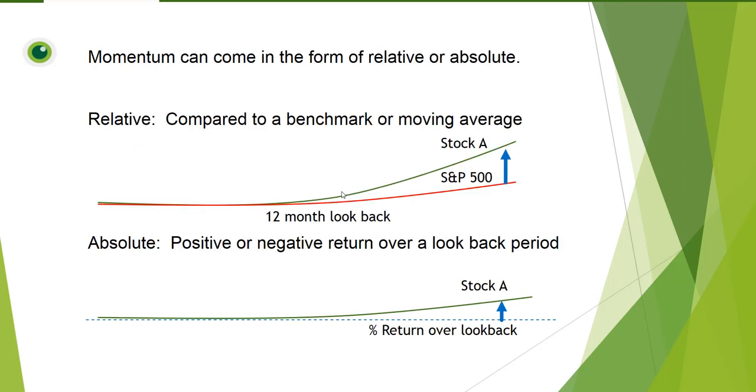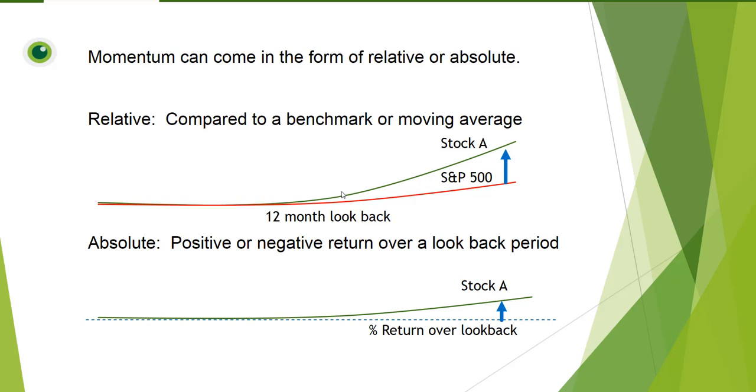All right, so you have two basic concepts of momentum. You have relative, which is compared to a benchmark or a moving average. So for example, if I want to buy the stocks that have the greatest return above the S&P's last 12 months, that is relative.